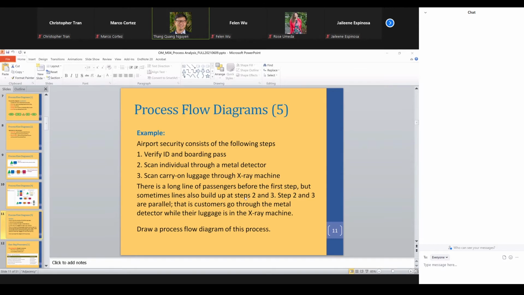Steps 2 and 3 are parallel. That is, customers go through the metal detector while the luggage is in the X-ray machine, right? So that's all of the information that we have here. And so let me work on this. So I'll go draw the process flow diagram, right?